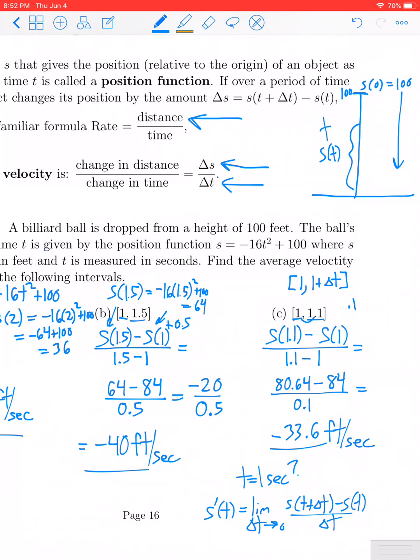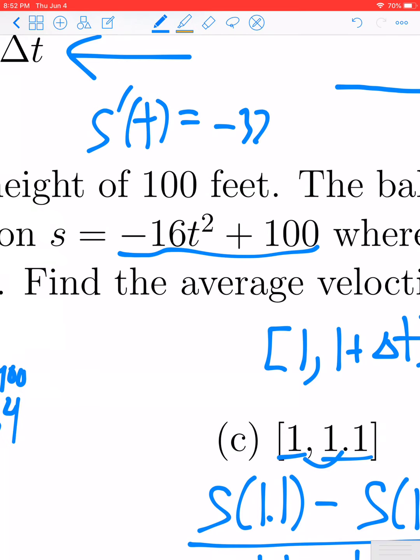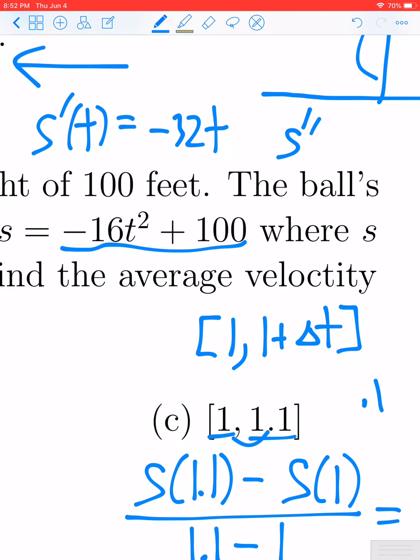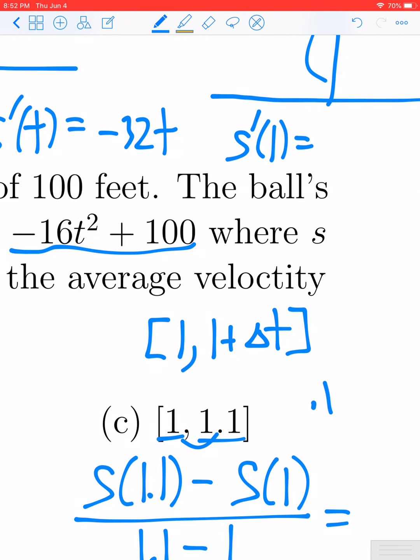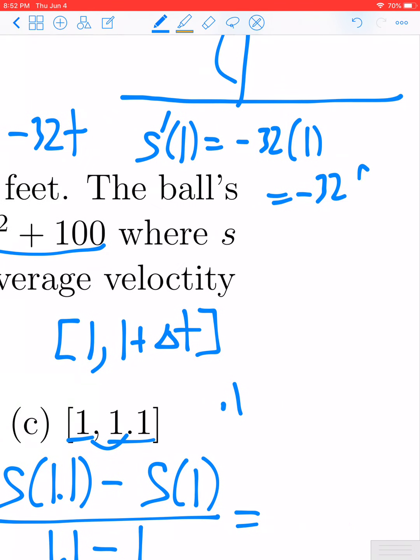And if we use our derivative rules from earlier in this section, this is just a polynomial, so think of the t almost like an x variable, the derivative of this is going to be simply negative 32t. Therefore the instantaneous velocity, s prime of 1, everywhere I see a t, I would plug in 1, which would give us negative 32 feet per second, which would be the instantaneous velocity of the billiard ball at time equals 1 second.